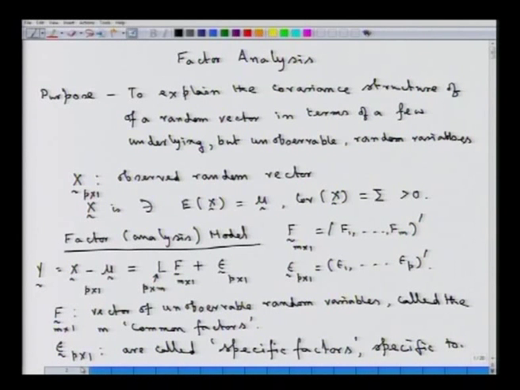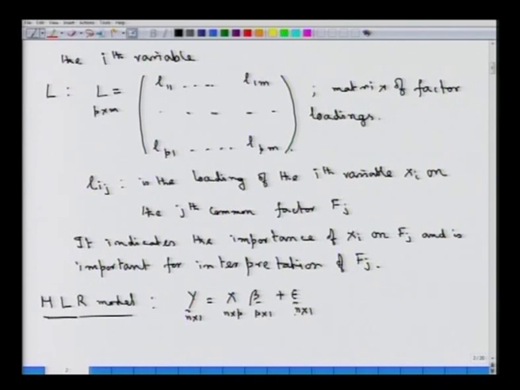So what is the difference between the factor analysis model and the multiple linear regression model? The difference is that in the multiple linear regression model, we have x to come up with the values of independent random variables which are observable, and beta is the vector of constants which are to be determined through the multiple linear regression model.